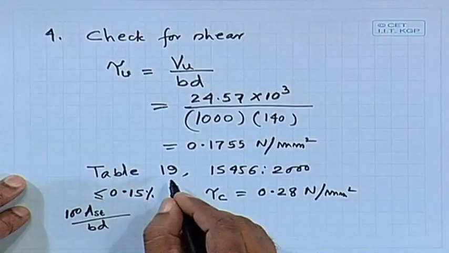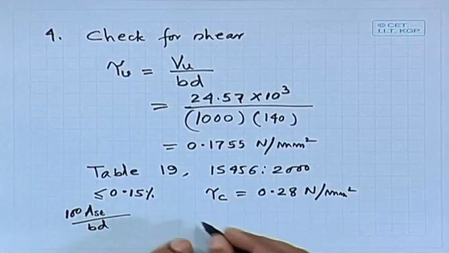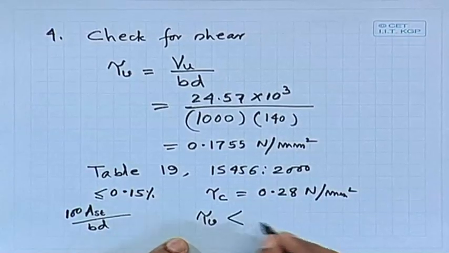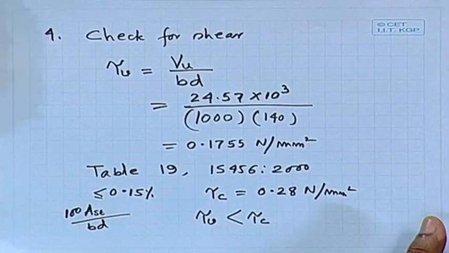You will get this in Table 19 of IS 456, where tau c is 0.28. So, tau v is less than tau c, so we do not need any shear reinforcement, that means we do not need any stirrup. That is why we do not provide any stirrup, but for other purposes we may need it.